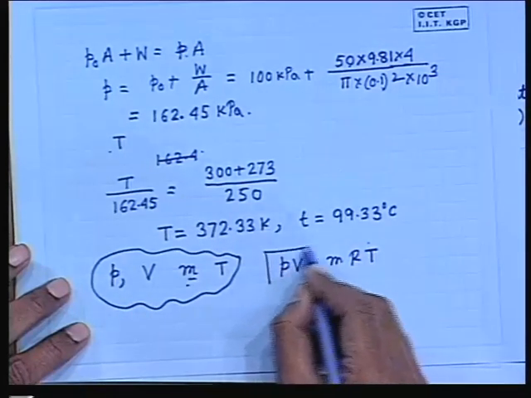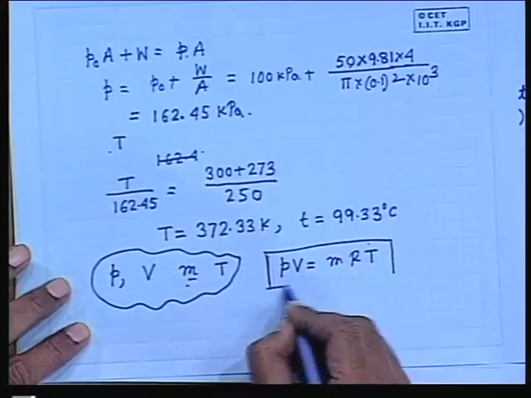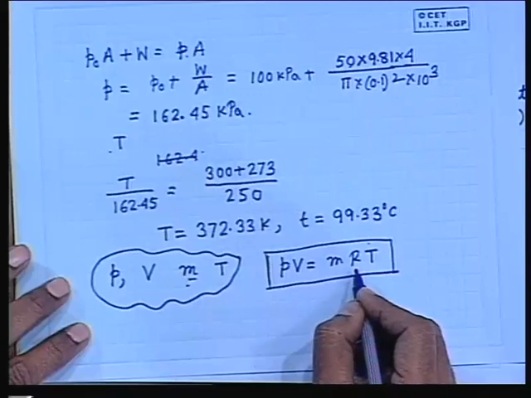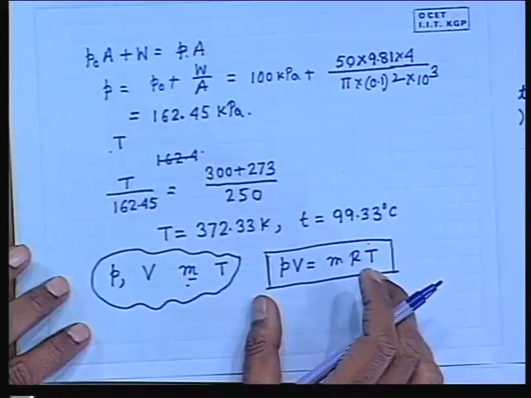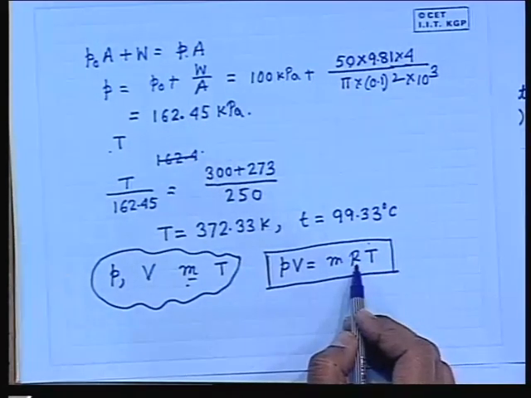For any ideal gas, pressure, volume, temperature and mass are related by this equation, where R is a constant for that particular gas and is known as characteristic gas constant.